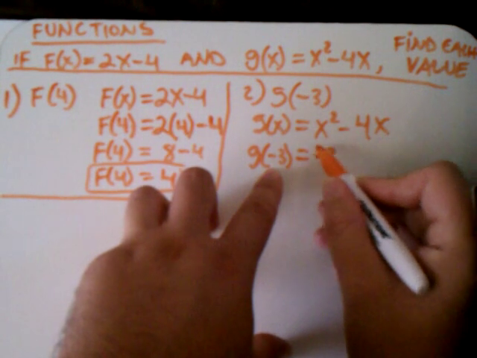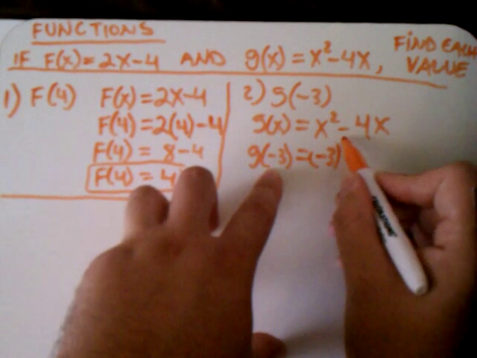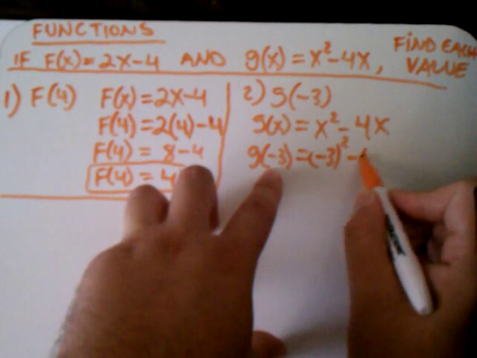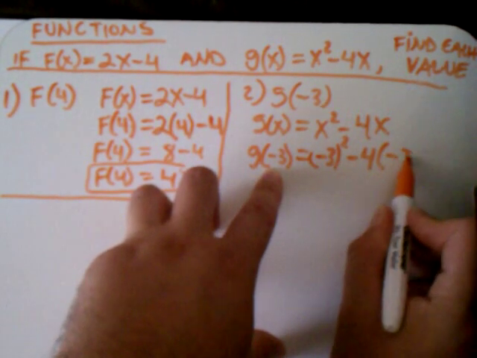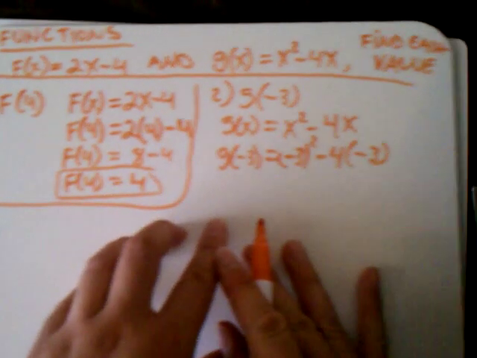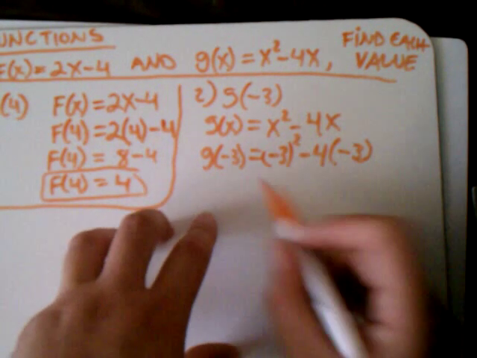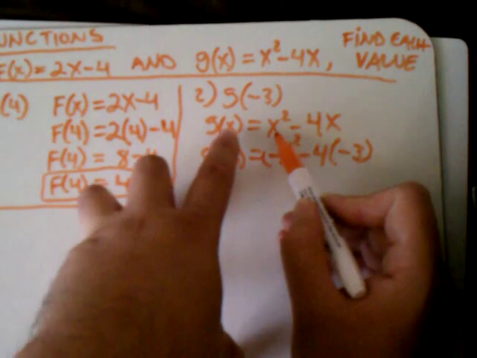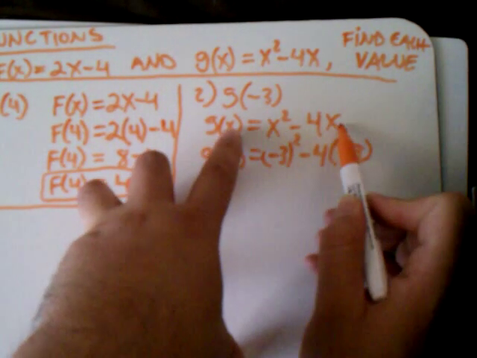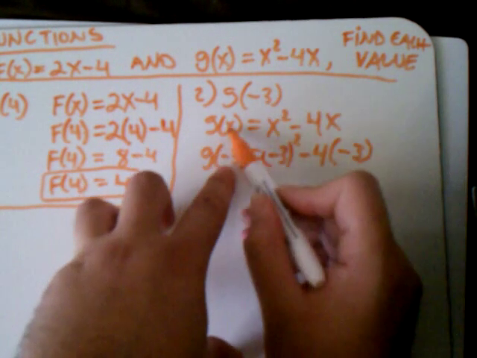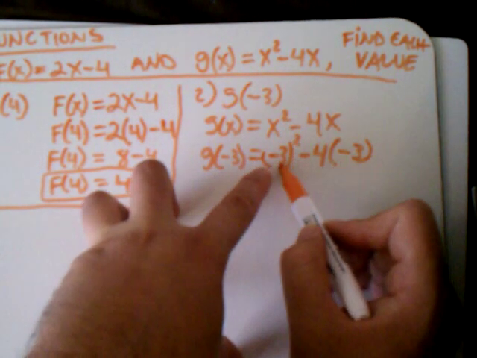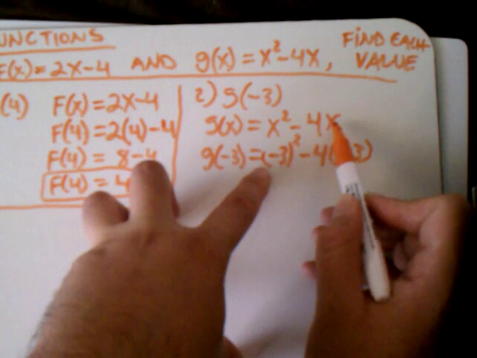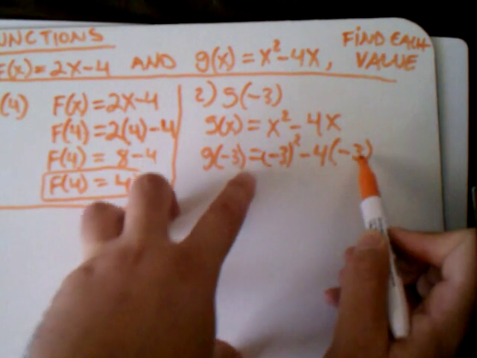This is negative 3 squared minus 4 times, this is negative 3. Okay? Notice, whenever you have an x, we're going to replace it by the negative 3. This is x squared, so we're doing negative 3 squared. 4 times x, 4 times negative 3.